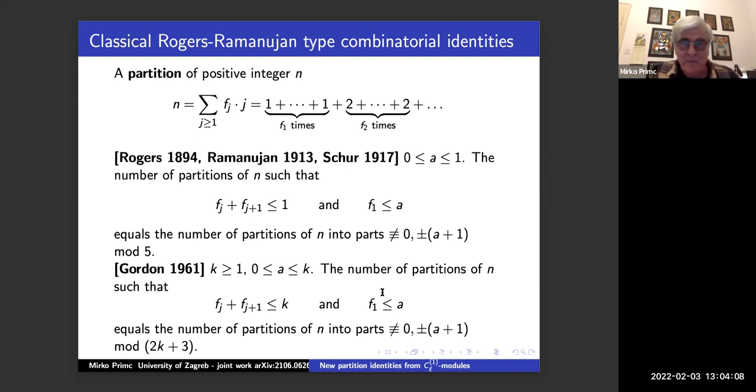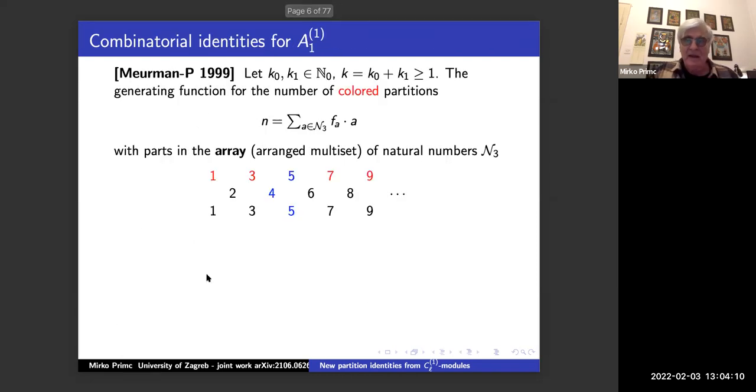So now I'll skip a lot of history and state a theorem that was proved a long time ago. It is about colored partitions. We write n as a sum in terms of frequencies and parts a. Here a are parts in the array of natural numbers denoted by N_3, which consists of 3 rows.